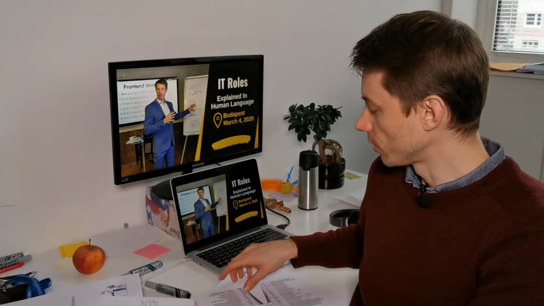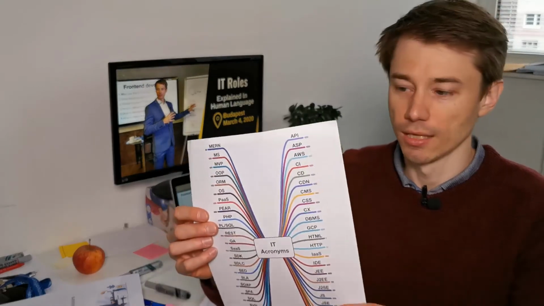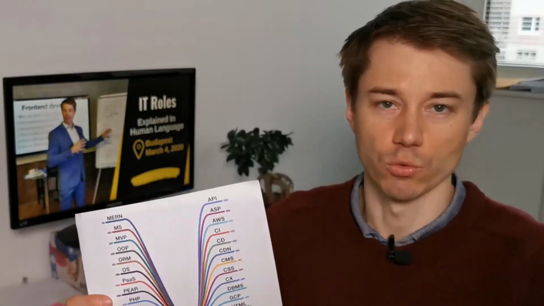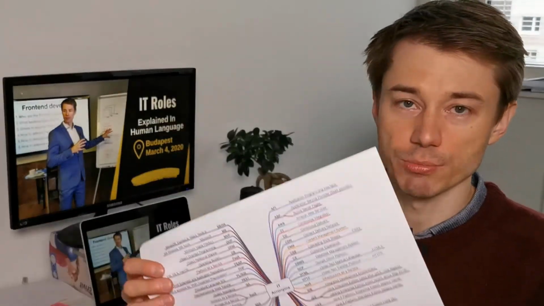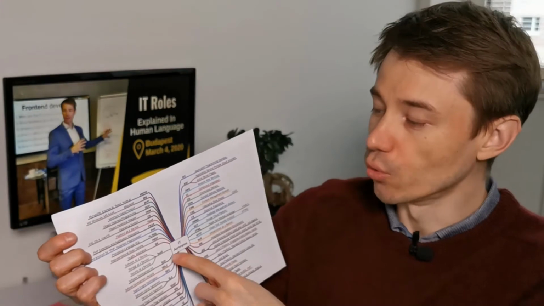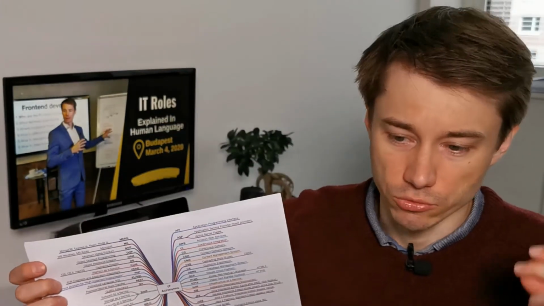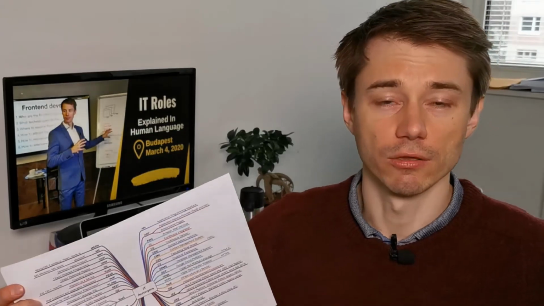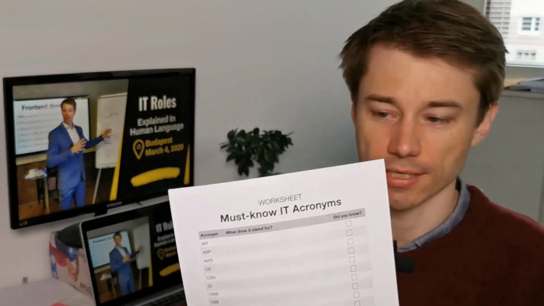And that's also what we are going to go through. So we have, for example, these IT acronyms. This is again a mind map of acronyms, and we just need to practice. So obviously these acronyms are also explained. For example, what is SaaS, what is QA, PaaS, IaaS, right? Like all these acronyms, you just need to know them in the middle of the night. And for that, we also need to practice a little.